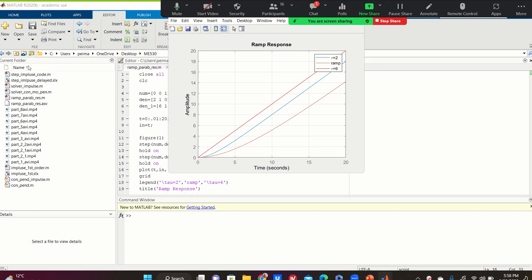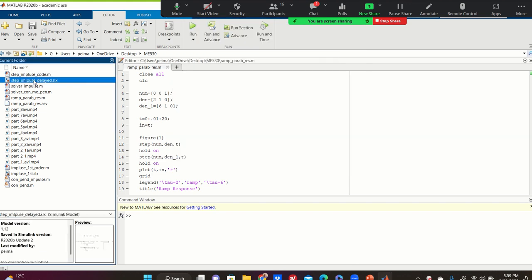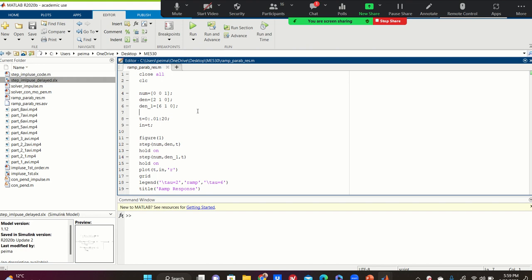So now going to Simulink. Let me go to Simulink. I'm going to share the files with you, no worries. Going to Simulink.